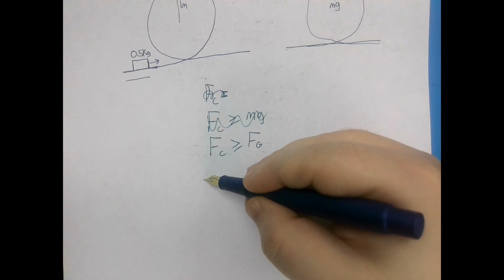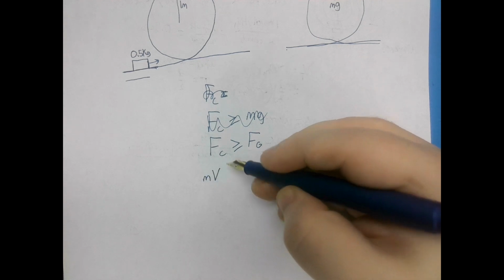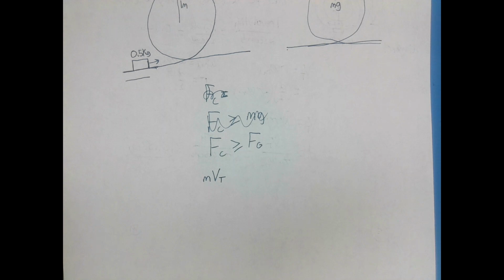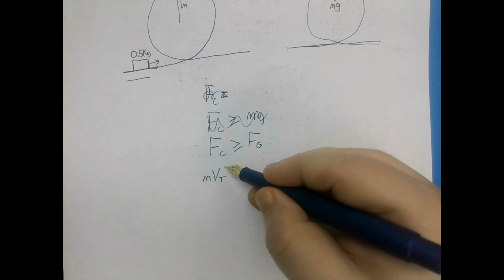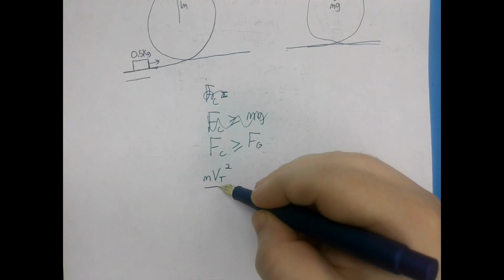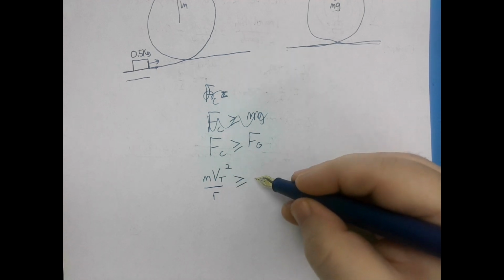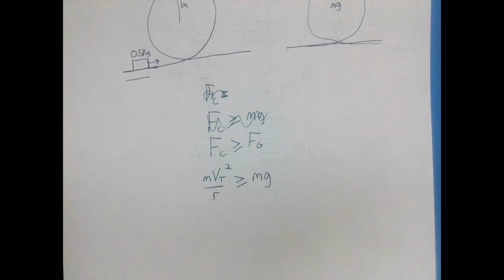Centrifugal force is equal to mass times the velocity squared over the radius, and it has to be greater than or equal to m times g.